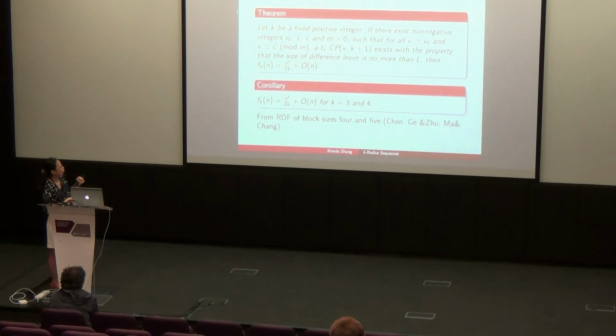If you have such a cyclic packing for the orders in a congruence class, and I forgot to define the difference leave. The difference leave is just the non-zero elements that haven't appeared in the cyclic packing. If the size of the difference leave is no more than a constant, then we can conclude that the weak conjecture is true. So the whole problem can be reduced to this theorem.